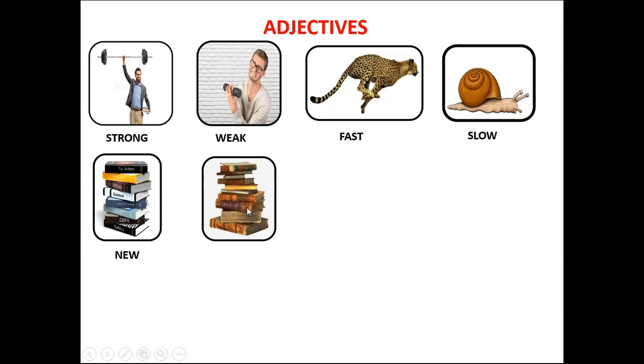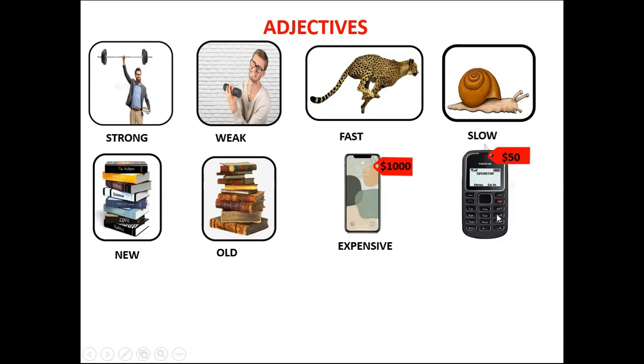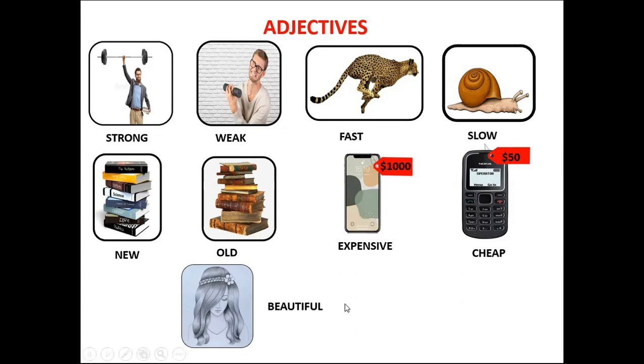These books are old. This phone is expensive, $1,000 expensive. But this phone is cheap in comparison to this phone, right? This drawing is beautiful, but this drawing is ugly.